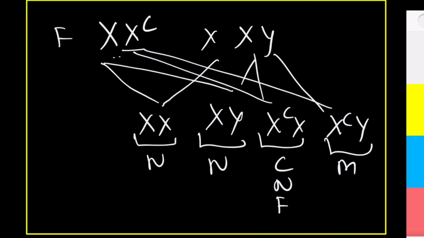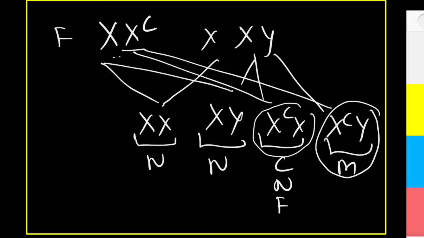Here the male is not normal and is going to suffer from the disease. So there is a 25% chance that the next generation is going to suffer from the disease. Who? The male. This female is going to act as a carrier, and these are normal.